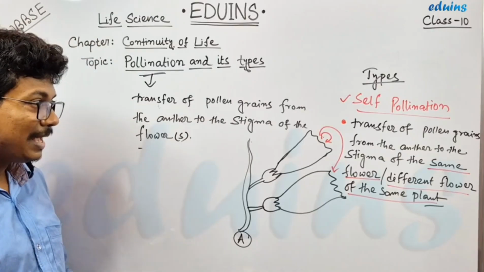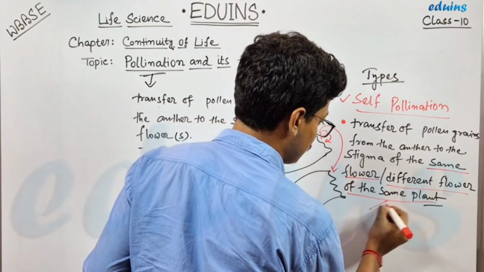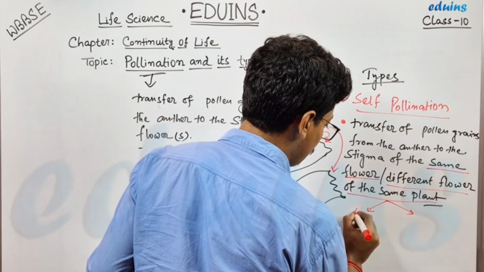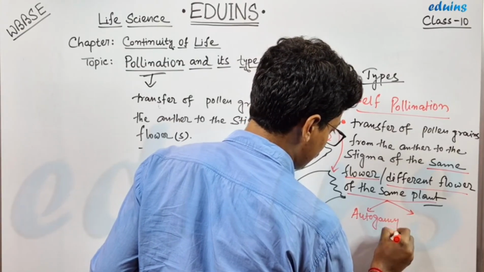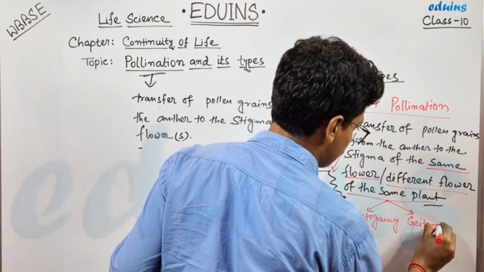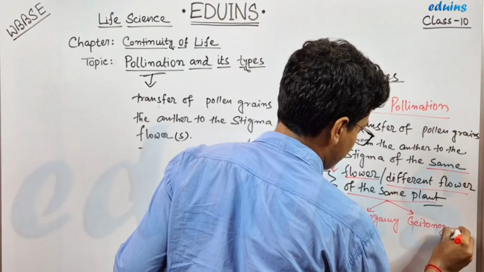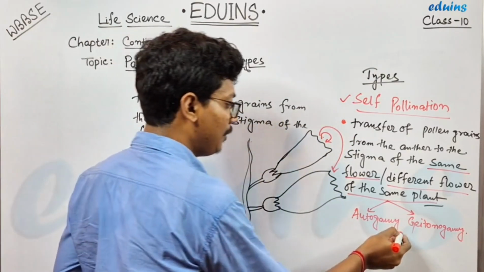Based on this transfer, self-pollination is of two types. One is autogamy, another one is geitonogamy. What is autogamy?